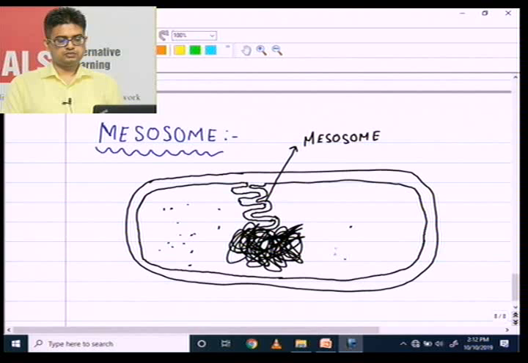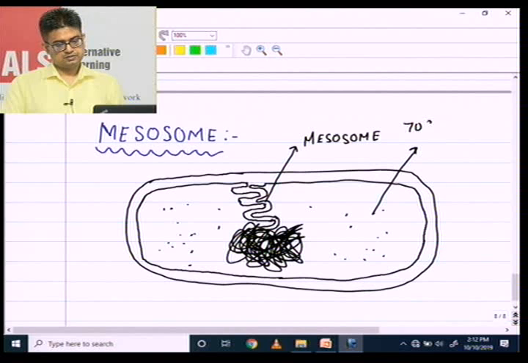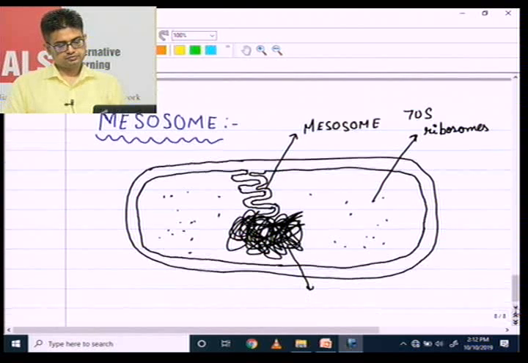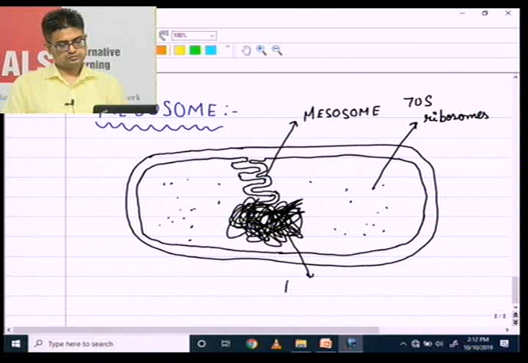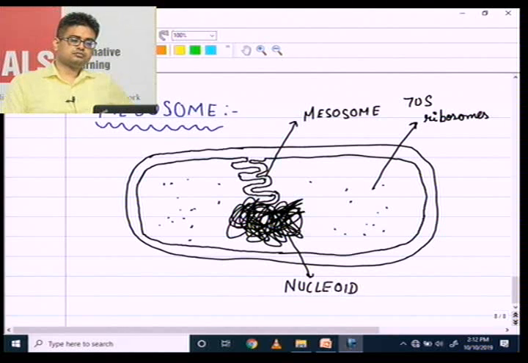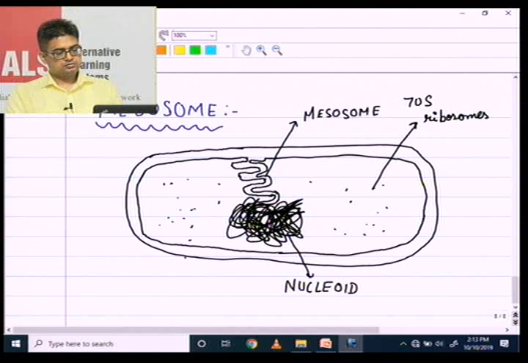These are 70S ribosomes. This is the nucleoid. This is the cell wall.